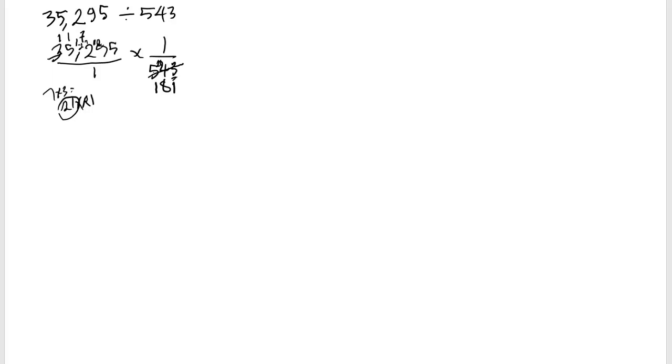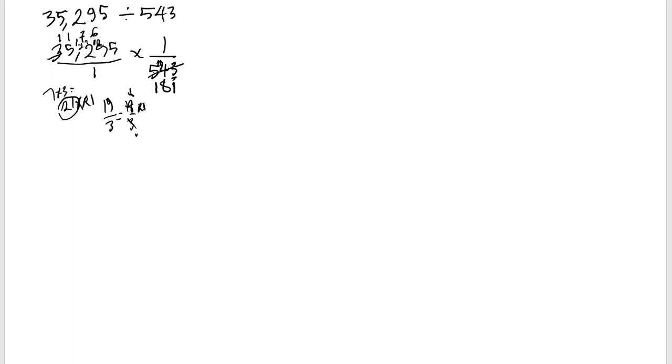3 in 19 is 18 over 3, remainder 1, so here it gives you 6.